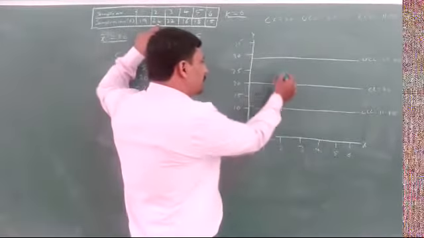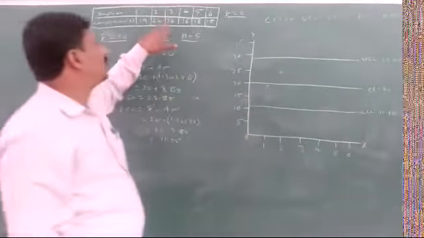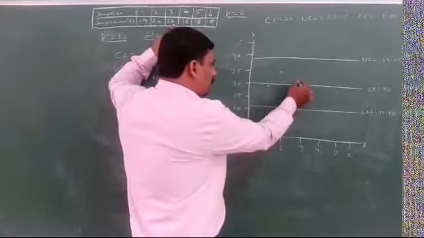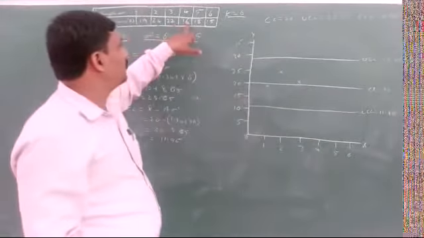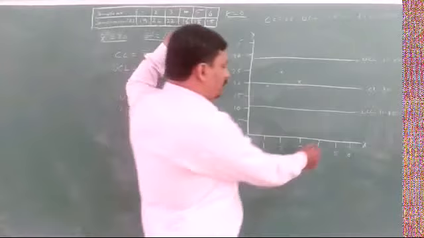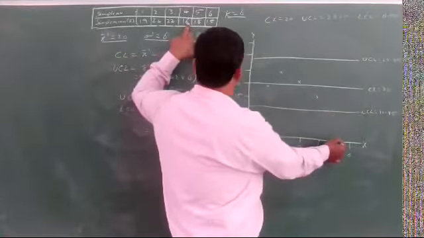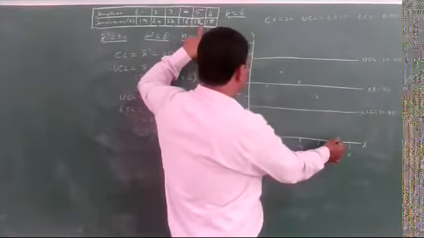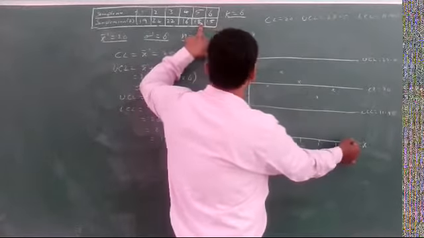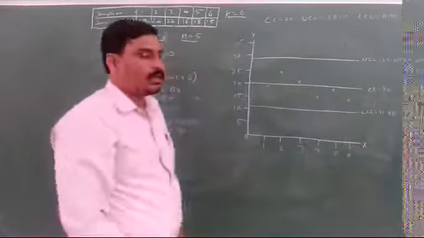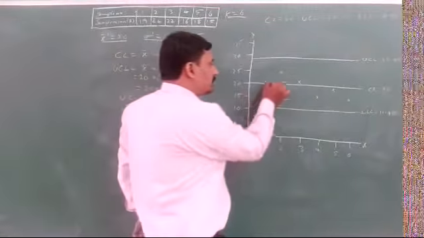Then for the third sample, X bar value is 22. Then fourth observation, the value is 16. And fifth value is 18. And sixth value is 15. Okay. Join all the points.